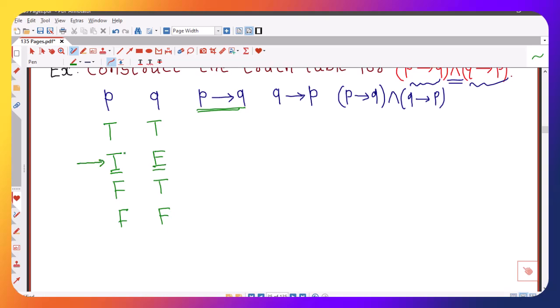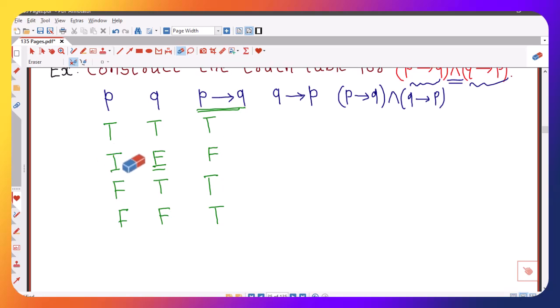So this is the only one possibility in which this conditional statement is false. It is false if P is true and Q is false. In all other situations it has truth value T.